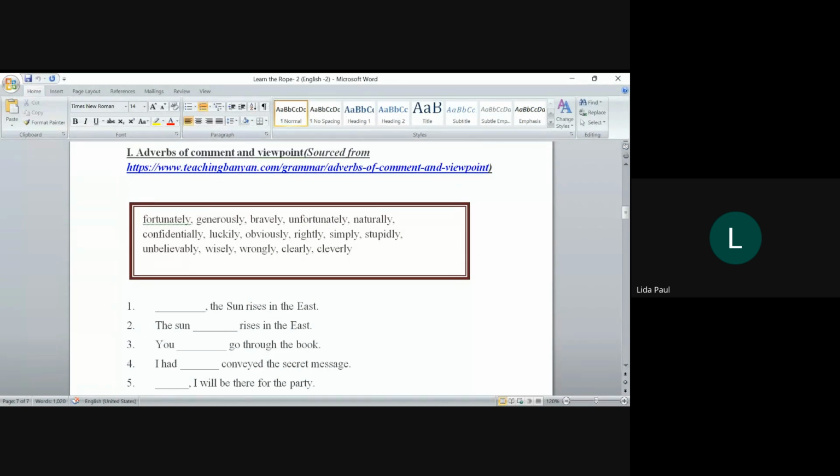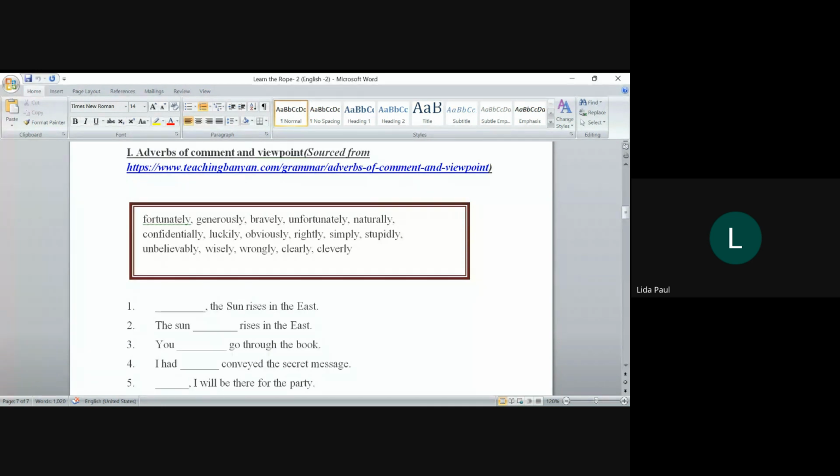Now, if you are someone who's following other textbooks, or maybe if you've gone online to check these things, you would have seen that a lot of sites and textbooks mention that there's basically not much of a difference between the adverbs of comment and viewpoint, and that many of them can even be used interchangeably, right? Like they can be used in place of each other. There's no watertight compartmental difference between both of them.